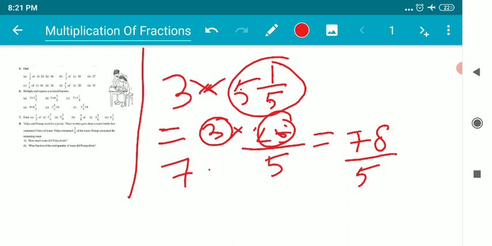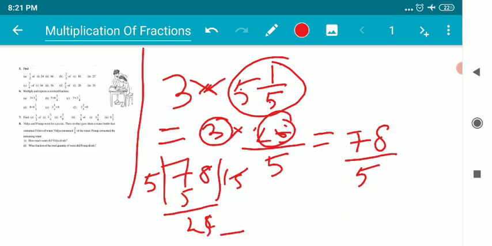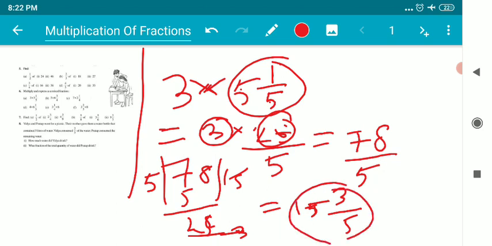So 78 divided by 5: 5 ones are 5, 2 8, 5 5s are 25, 25 will be here. So what will be left? 3 will be the leftover number, remainder will be 3. So the final answer is 15 3 by 5. This is how we have to bring our answer. I believe it's clear to everyone.